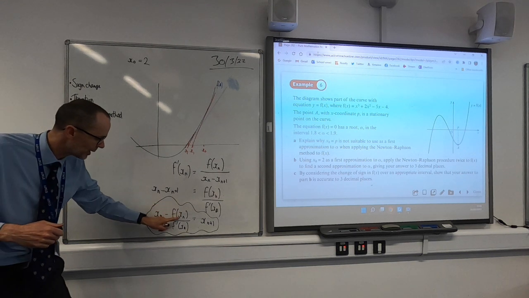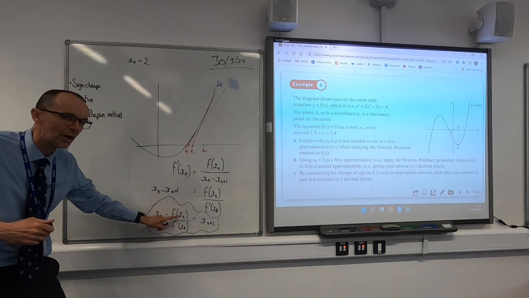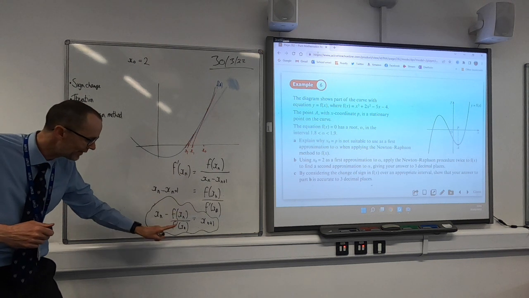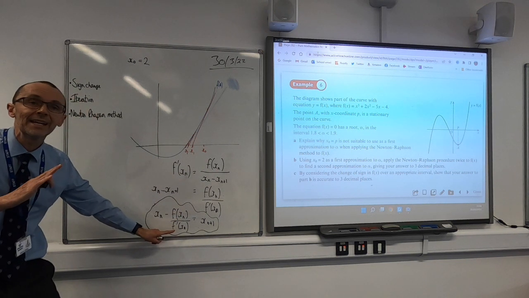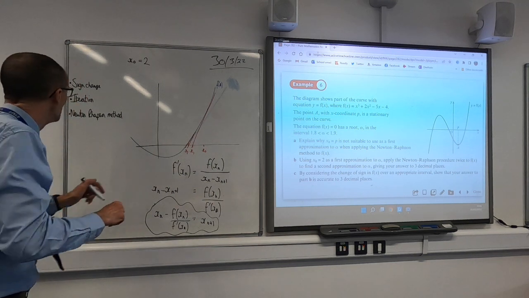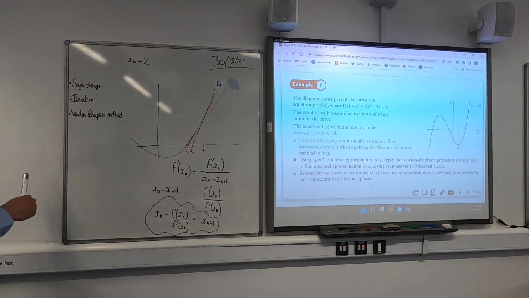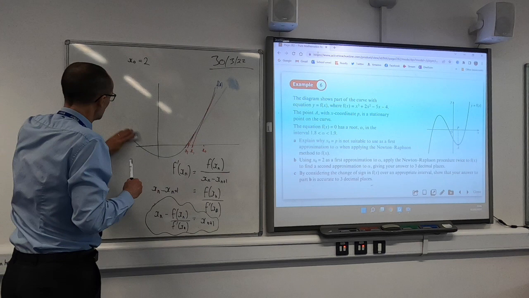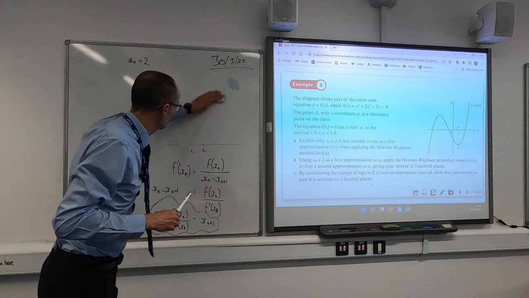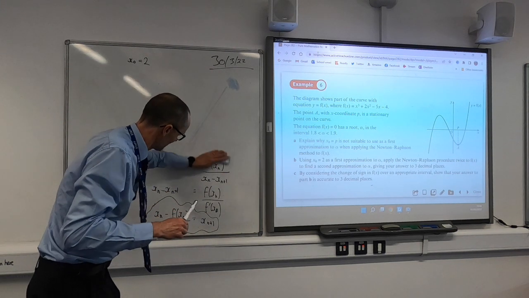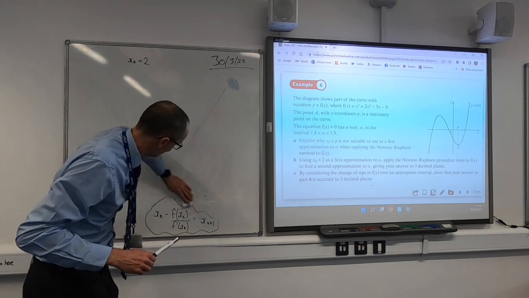I need to substitute 2 into my original function and substitute 2 into what I get when I differentiate the function. So let's do this with a bit of method. So I'm going to firstly differentiate f of x. And that way we can be clear on what we're doing.